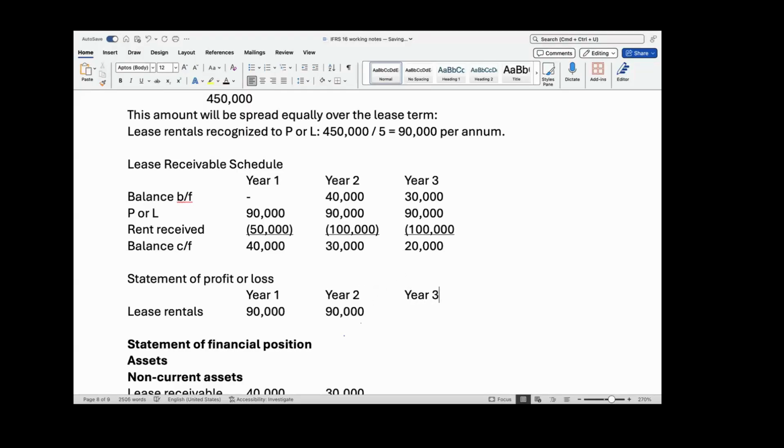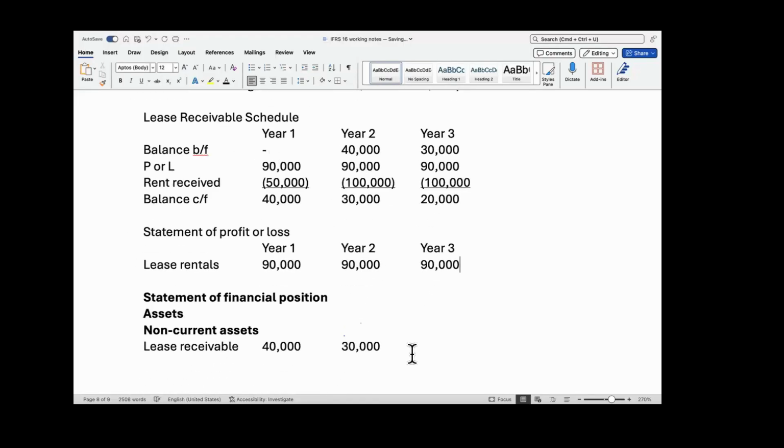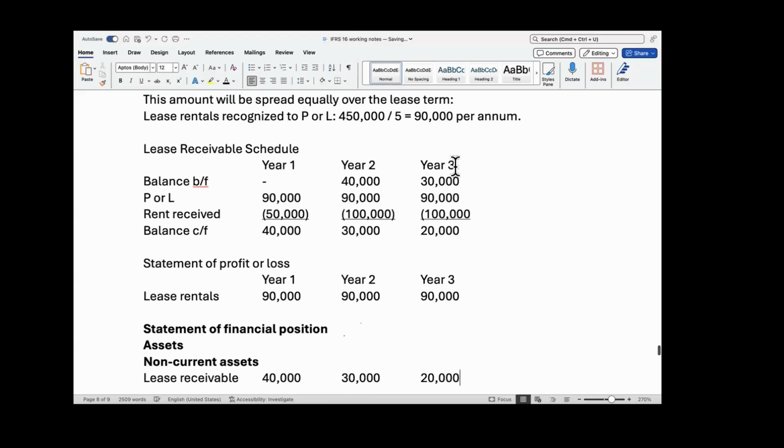So in year 3, P&L is 90, receivable is 20. In year 4, I have 20, I recognize 90, I receive 100.